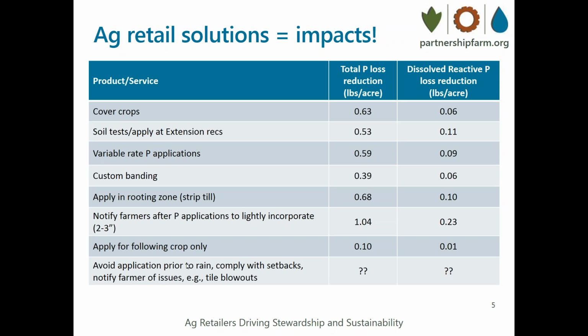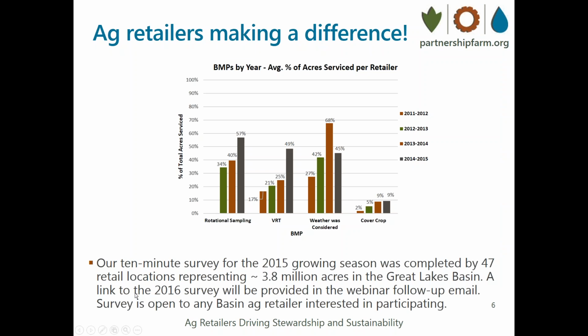So next slide. Ag retailers are making a difference. For example, our annual survey shows big increases in variable rate phosphorus application across the Great Lakes Basin. In 2015, we secured funding for ag retailers to offer a discount on variable rate to farmers in the Sandusky River watershed who had not used it before.